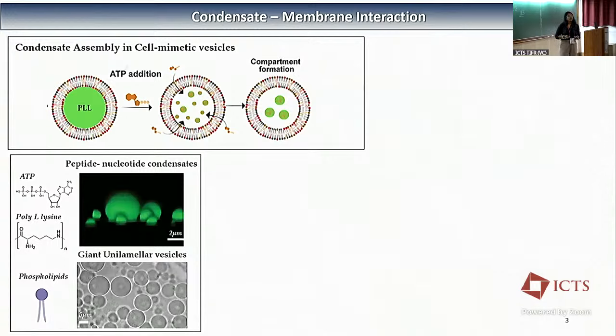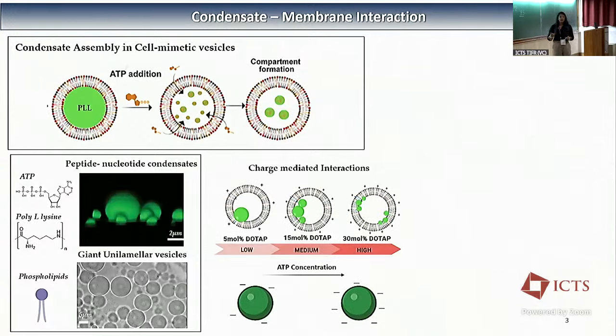Now, how do we make them interact with one another? We regulate the interaction strength of condensates and membranes by simple electrostatic forces. We can manipulate the charge of membranes and condensates by manipulating the components that we use. Here we add a positively charged lipid called DOTAP, and when you increase the concentration of DOTAP, you make your vesicles more positively charged.